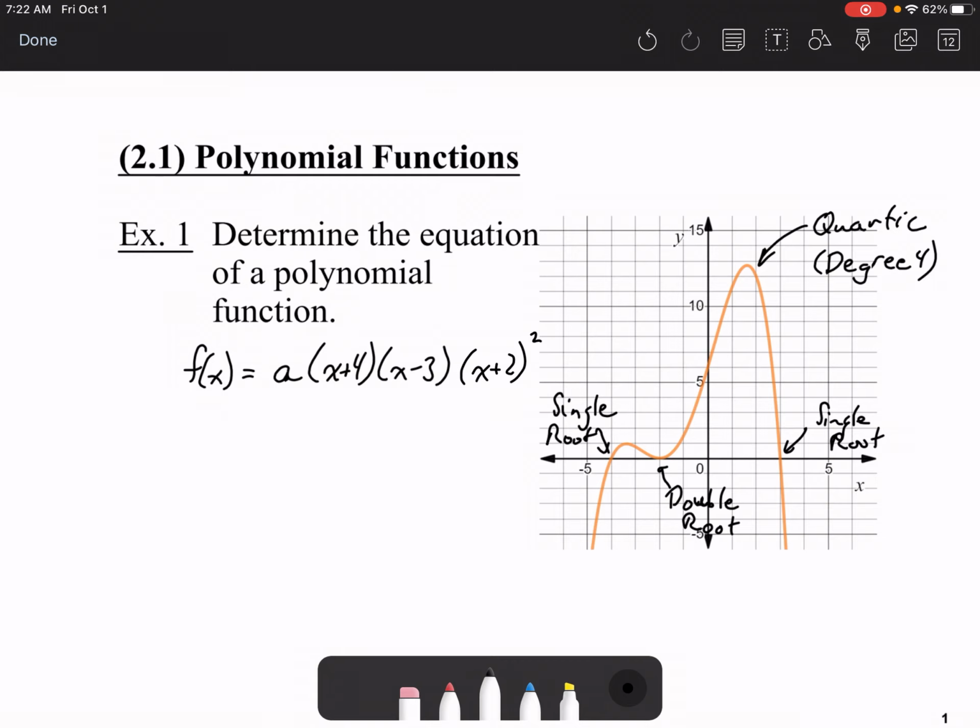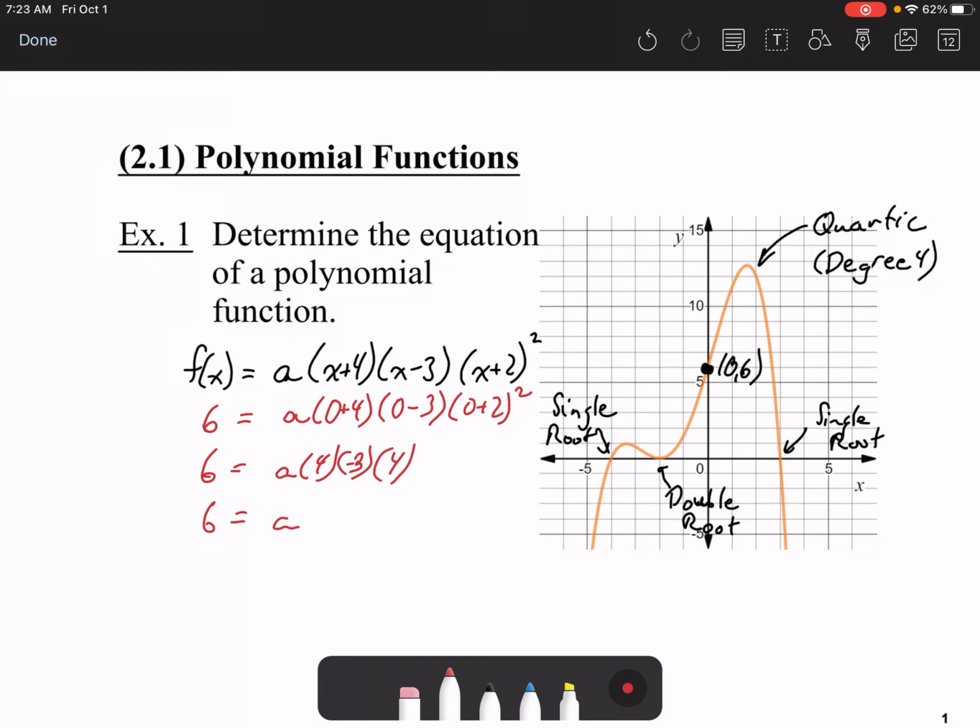So now we just take any point that's actually on this function that we can specifically use. In this case, we have a point 0, 6. We substitute that in for f of x and x. And we can actually work out the value that we get here. So this is 6, this is 4, negative 3, also 4.